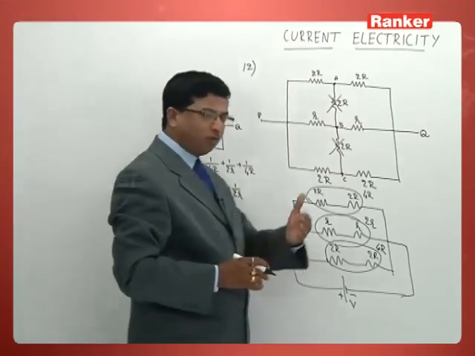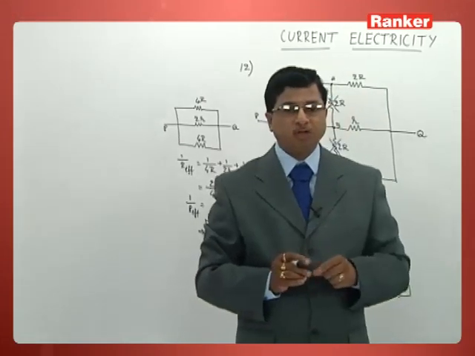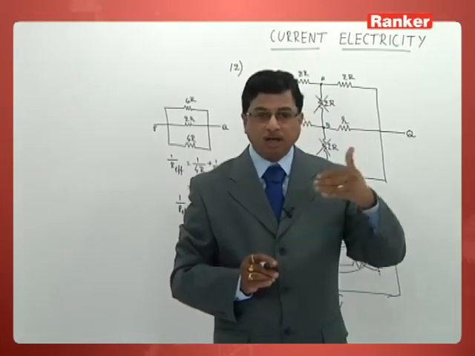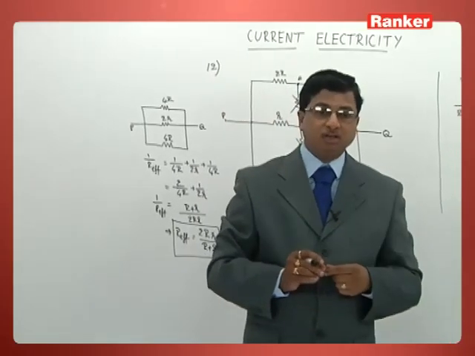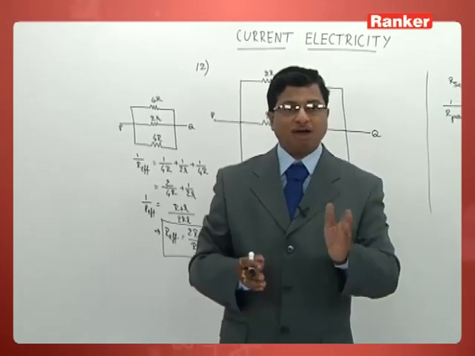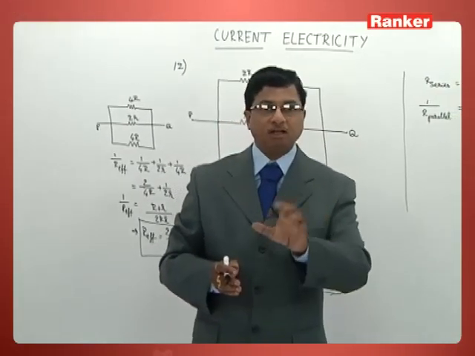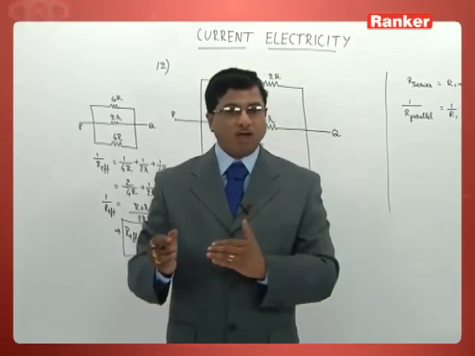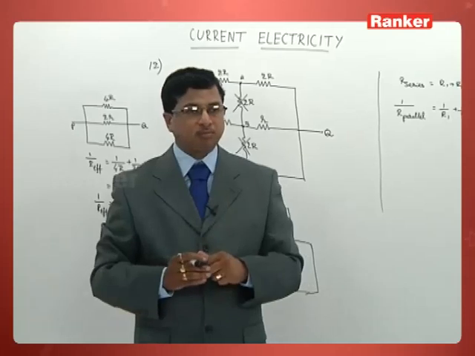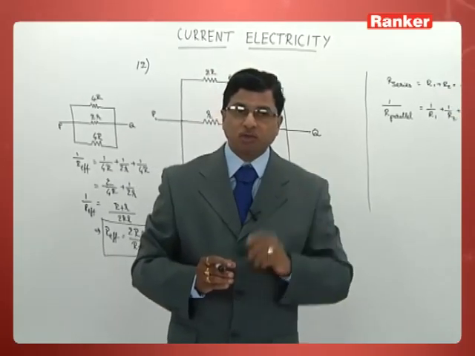Now if you look at the 4 options given, what is the first option you see? 2Rr by R plus r, first option. What is the second option given? 8R into R plus r by 3R plus r, that is the second option. 2R plus 4r, that is the third option. 5R by 2 plus 2r, that is the fourth option.